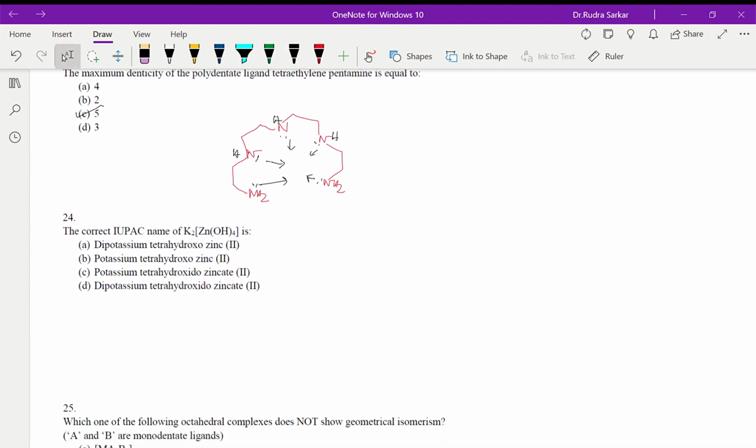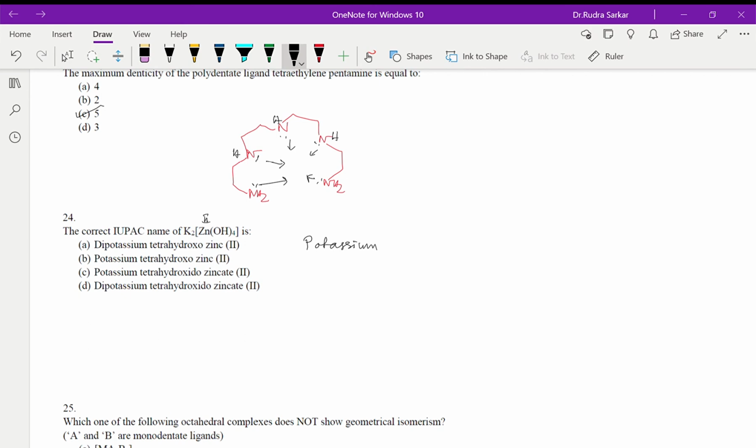Correct IUPAC name of K2[Zn(OH)4] is? Simply, name of the cation first, it should be potassium. Zinc is in the negative part of the complex, so it should be zincate. Oxidation state is 2, and the ligand in the coordination sphere is OH, which is called hydroxido.